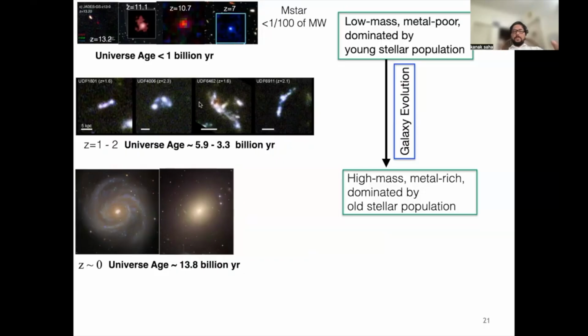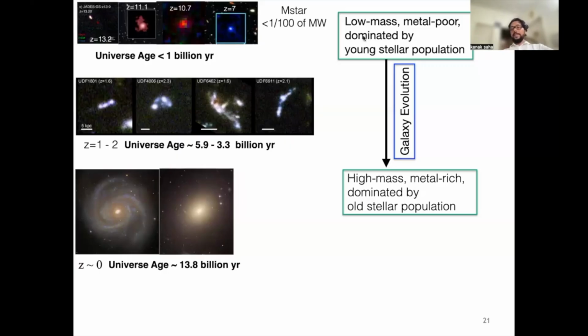They're clumpy and irregular, and there are hardly any structures like those we see today. If we look even earlier, the very early universe, they look even different. Of course, we have limitations due to telescope resolution, but thanks to JWST and Hubble, we can now look at galaxies in the first billion years.